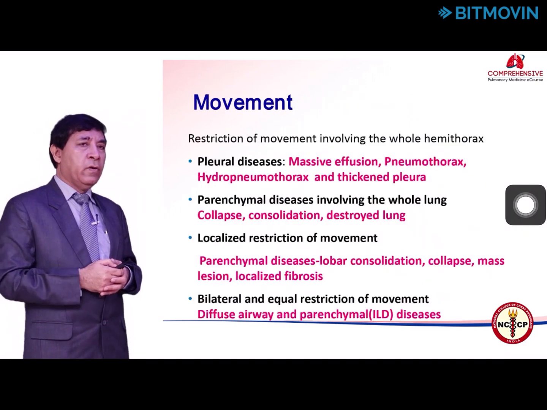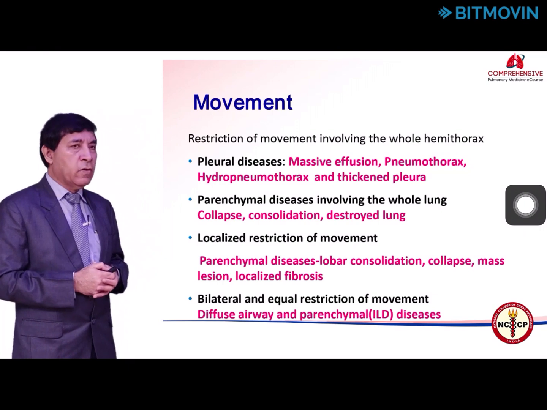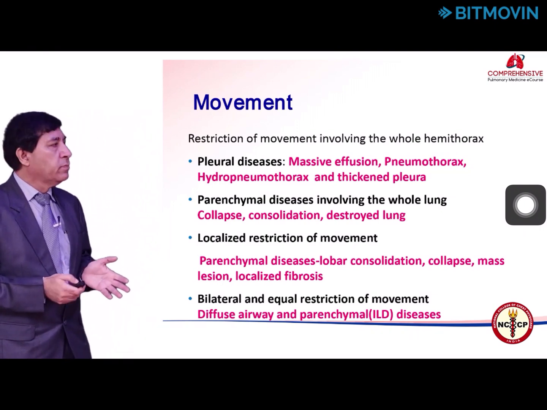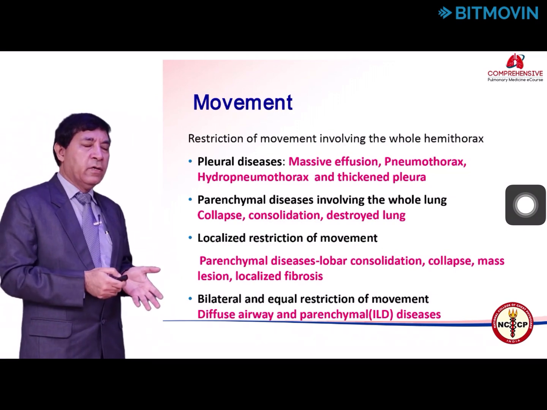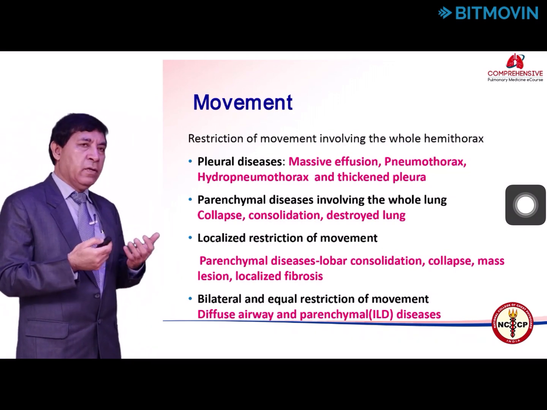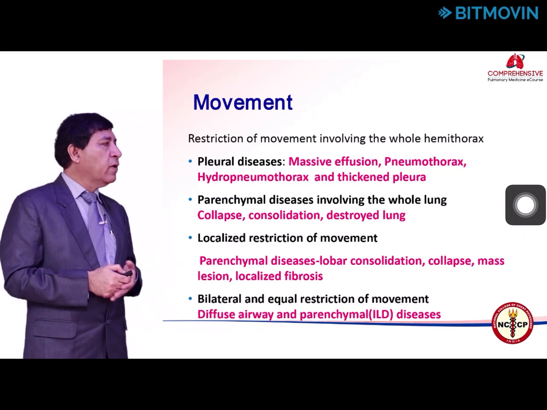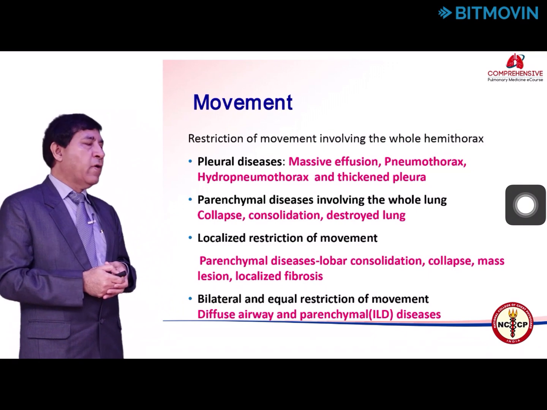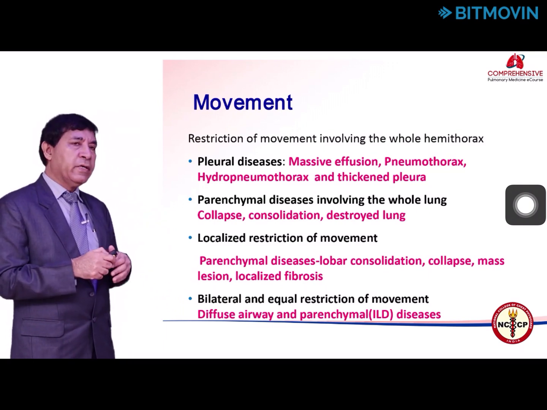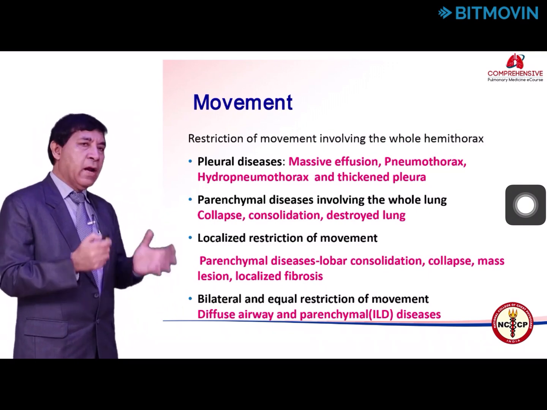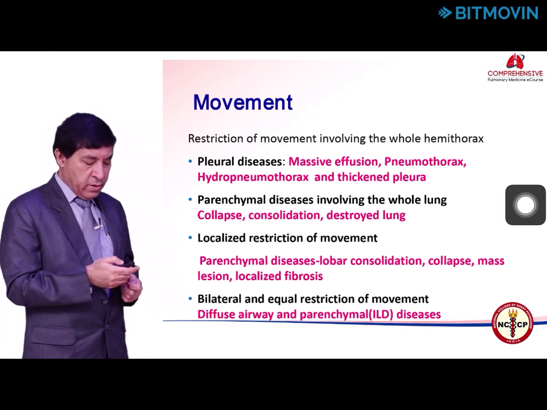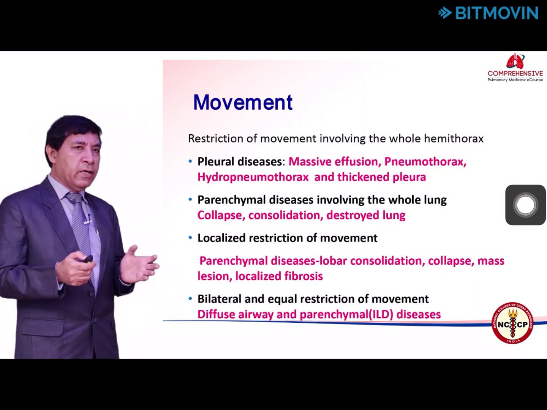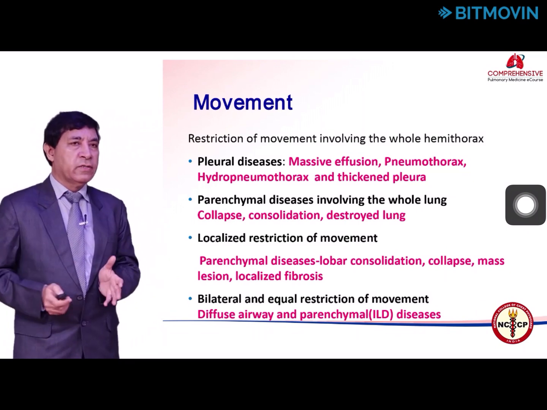Now, the first sign on inspection is movement. Movement can be restricted completely on one side, or restricted in a localized area of one hemithorax, or restricted on both sides, bilaterally, equally and symmetrically. When the movement is restricted on one side, that indicates that the disease belongs to that side.